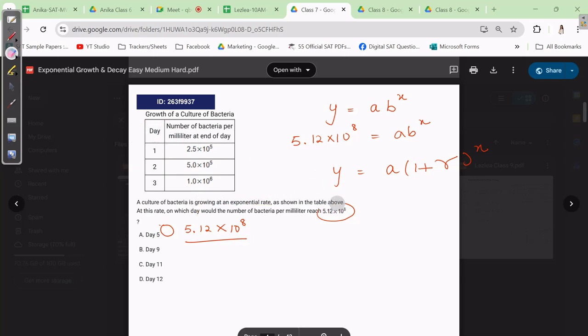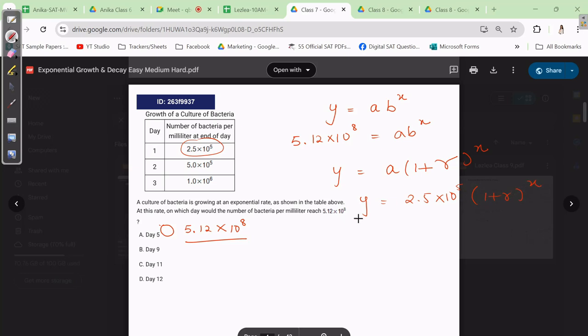I thought it was 5.12, or is that the wrong equation? What was a, Anika? The initial value. Initial value, yes. So a is what? 2.5 times 10 raised to 5, that's the initial value, times 1 plus r raised to x.